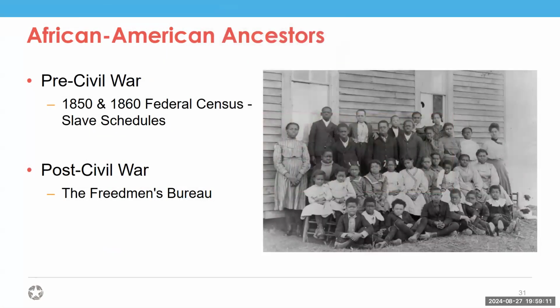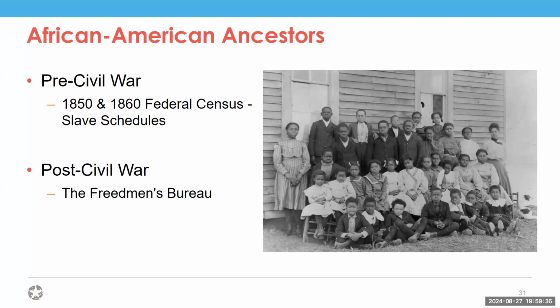As I talked about a little earlier, things for African American ancestors are going to be a little different, especially pre-Civil War. In 1850 and 1860 in the federal census, they did do the slave schedules, which were mostly used in the southern states. These provide supporting evidence for a hypothesis derived from other resources.